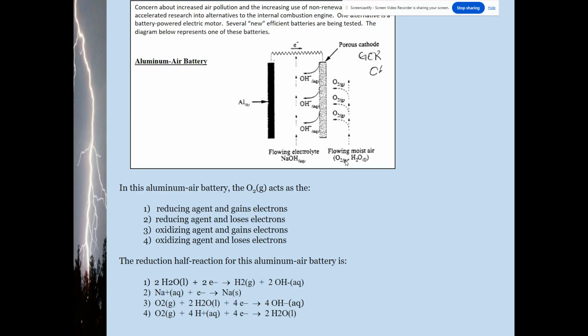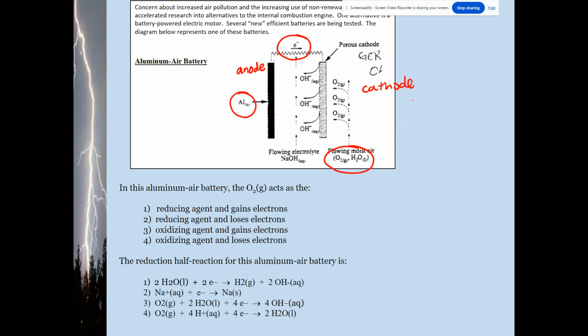There's one cell diagram. Here's another cell diagram where I have aluminum as one of my electrodes, and I have electrons flowing, so we know that's our anode because it goes anode to cathode. So this is my cathode, and if I look at what I have in my cathode, I have oxygen and water coming into the cathode. Hydroxide ions are coming out, so that means they're a product.